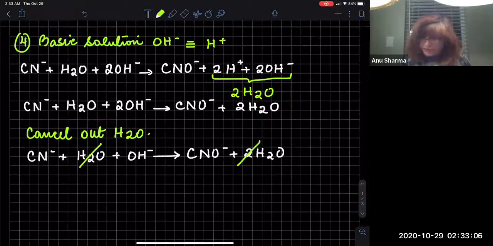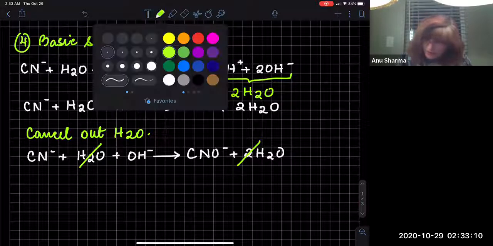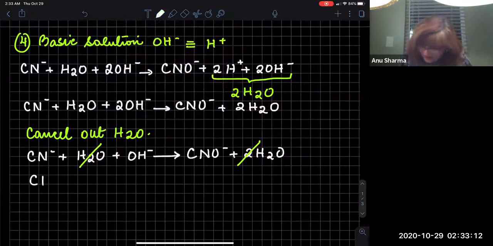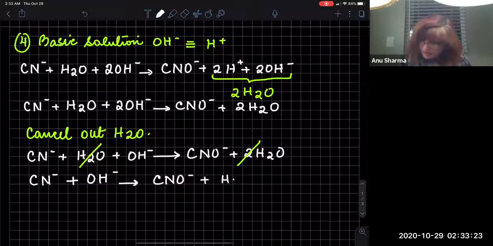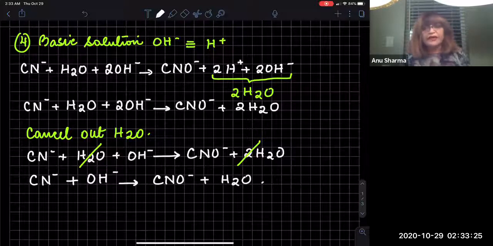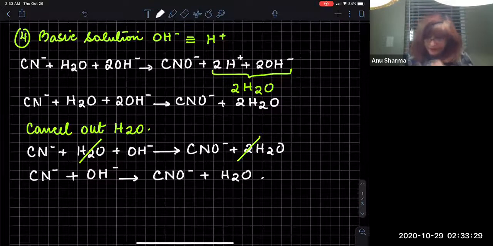So we are only left with one water molecule. So pay attention to that. So really our equation now is CN negative plus OH negative, and this gives you CNO negative plus H2O, just one water molecule. So that's the story with the cyanide side.